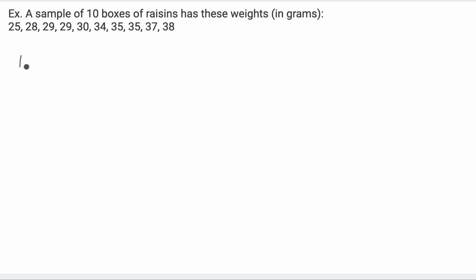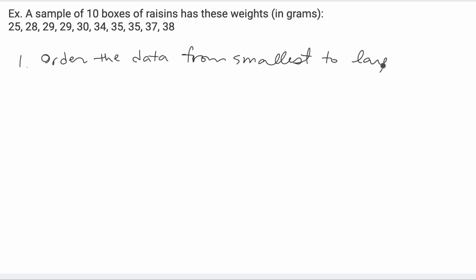Step 1, you need to order the data from smallest to largest. I have this in your class notes too, so if you don't like my handwriting, you can refer to that one, okay?